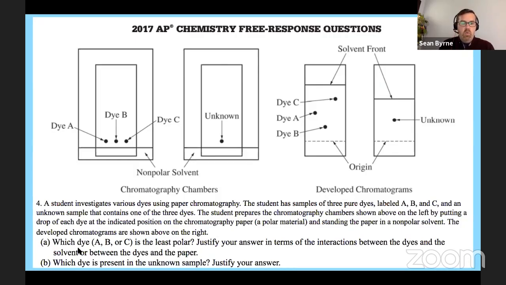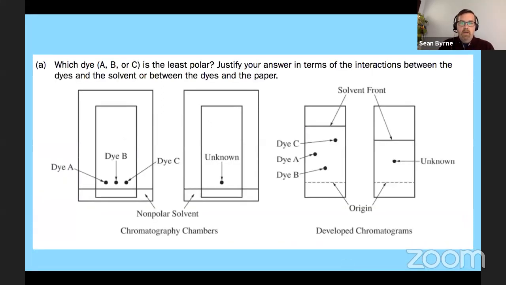So our first question asks, which dye, A, B, or C, is the least polar? And we're going to want to justify our answer in terms of the interactions between the dyes and the solvent, or between the dyes and the paper. So I'm going to just zero in on the diagram that we had here. And I want to remember that we have a non-polar solvent.